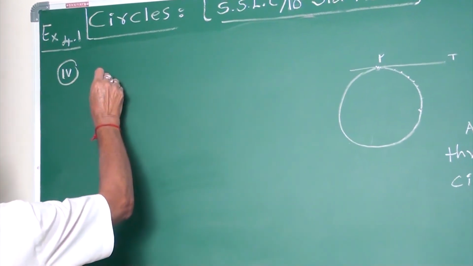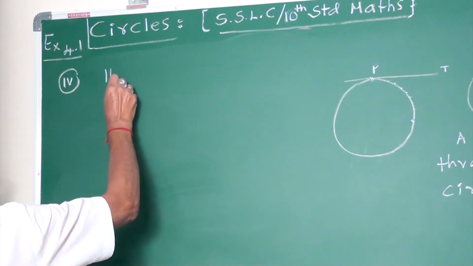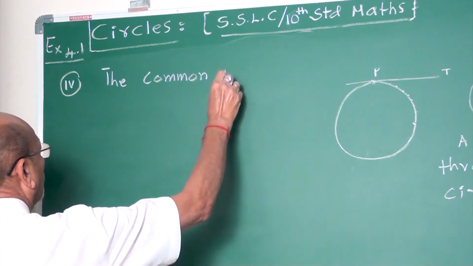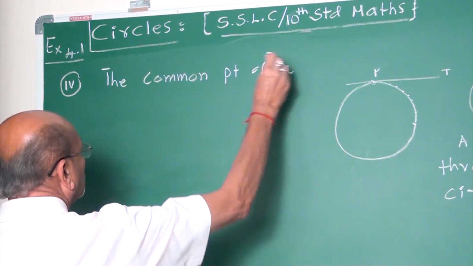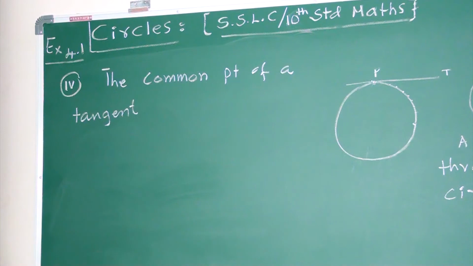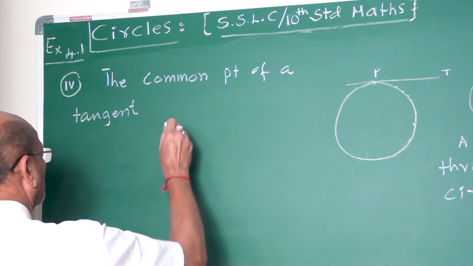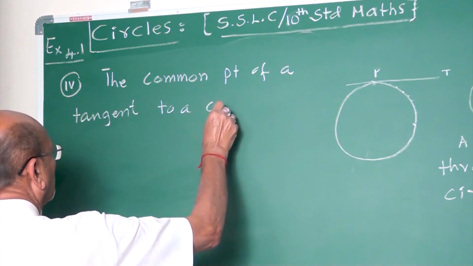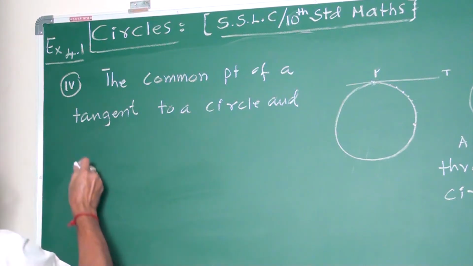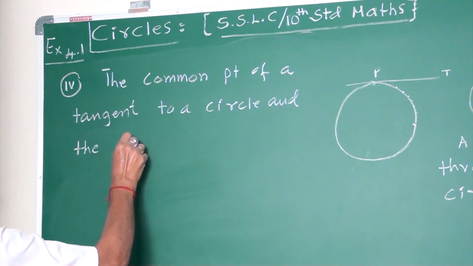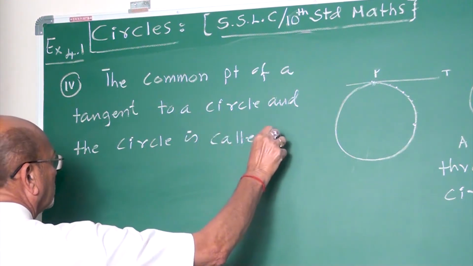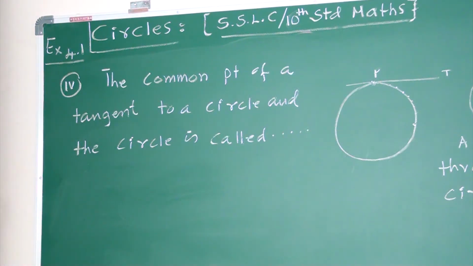The common point of a tangent to a circle and the circle is called dash.